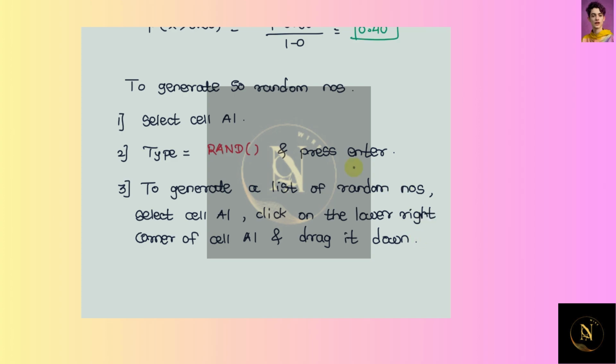Since we have to generate 50 random numbers, we drag it down till A50. In this way we will get 50 random numbers.